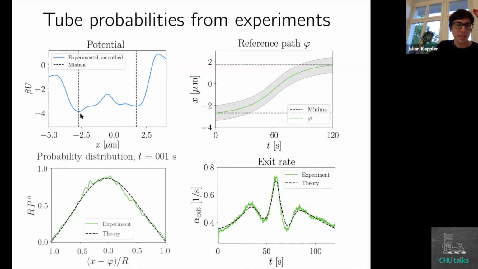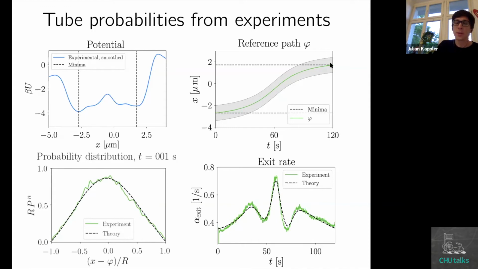And what we considered is a similar thing as in the numerical example. We wanted a path that goes from this minimum to that minimum, so like this, in some reasonable time. For this particular example, we chose 120 seconds. And then we measured from the experimental data the probability for the colloidal particle to stay inside this tube until the end.